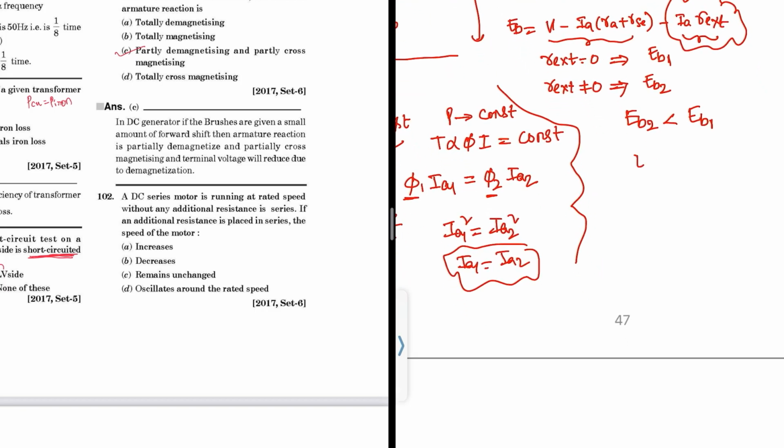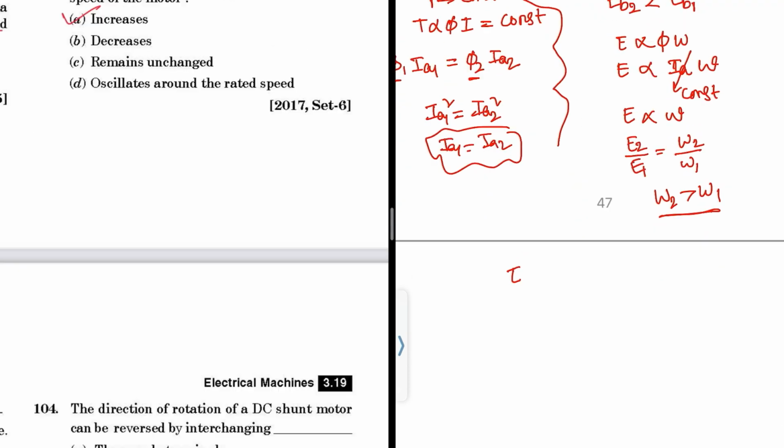We know that E is proportional to phi into omega. Phi is directly proportional to IA because this is a series motor, and IA is constant because we assumed torque is constant. So E is proportional to omega, so E2 by E1 equals omega2 by omega1. Otherwise, omega2 equals omega1 into E2 by E1.